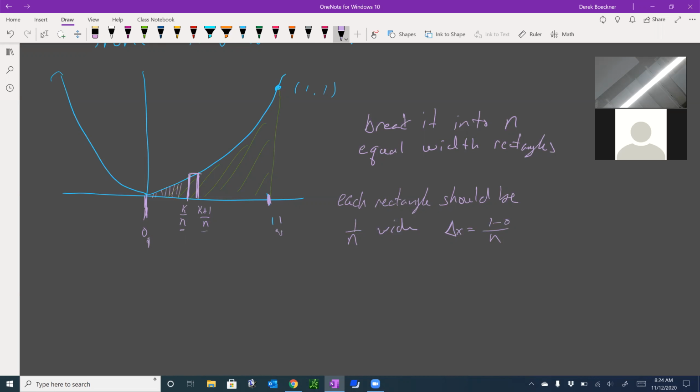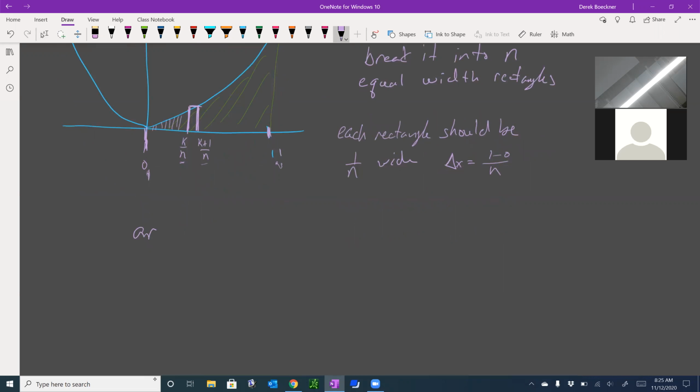Okay, so the area of the kth rectangle is, and we're just going to use the left-hand endpoint because that makes everything a little bit easier, it's going to be 1 over n wide times k over n squared tall, because this point here is at k over n, comma, k over n squared, because my function is the squaring function.